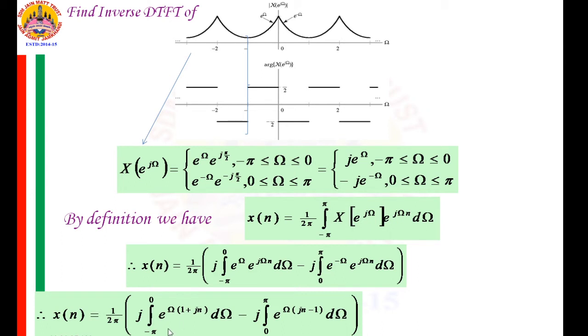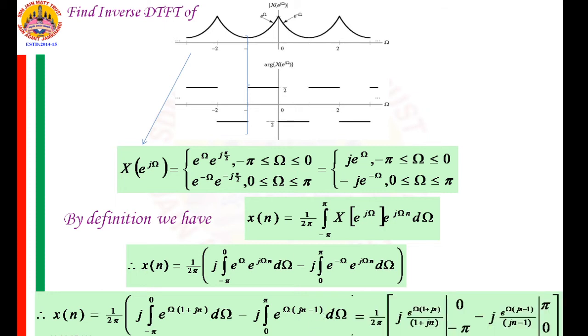Now when you integrate this with respect to omega, the integration of this is e raised to 1 plus jn omega upon 1 plus jn. And similarly here for this term it is e raised to jn minus 1 omega upon jn minus 1. And then you have to substitute the limits of the integration. See here, the limits of the integration for the first part is minus pi to 0, and for the second part it is 0 to pi.